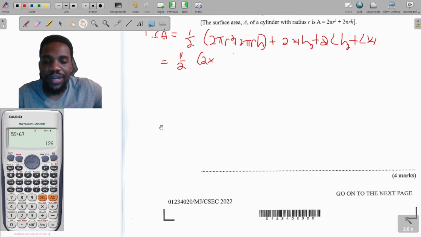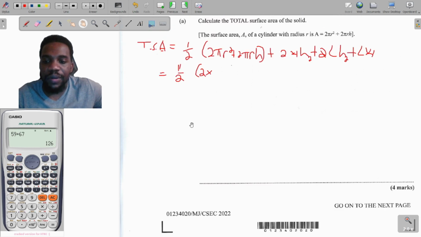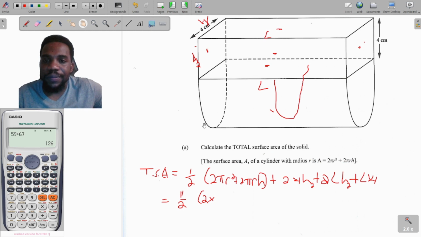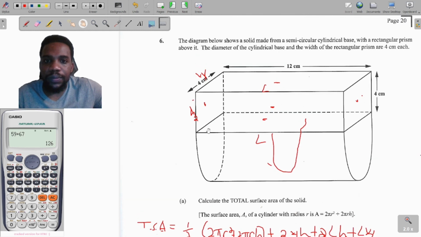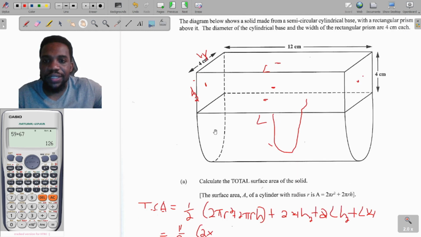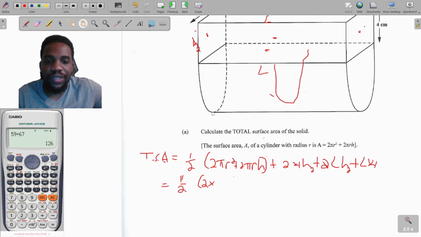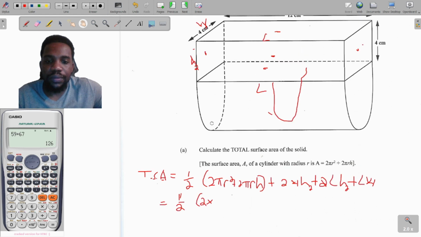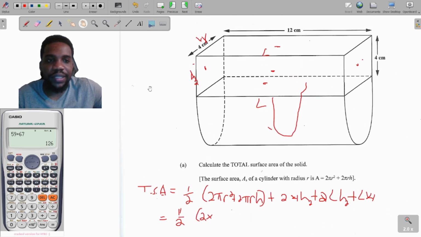So it depends on what they ask you to do. Alright, let me go back up. I don't have that there. Did they tell me in the question? No, I don't have it in the question either. So it is up to me to decide what I want to do. Okay, good. Let me pull this down so you can see it.